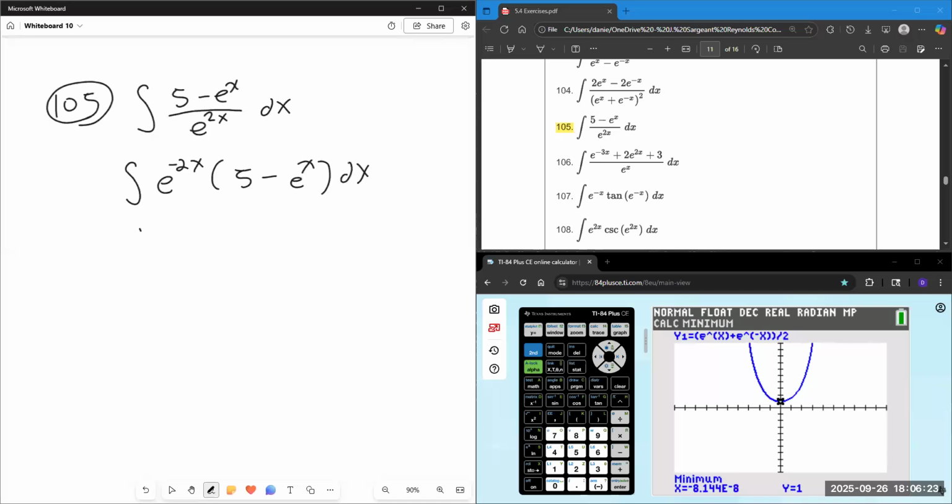And I'll distribute that to be 5e to the negative 2x minus e to the negative x dx, and I'll split my integrals now.